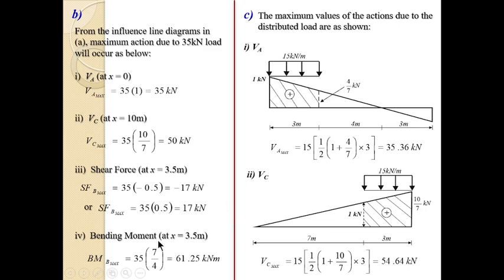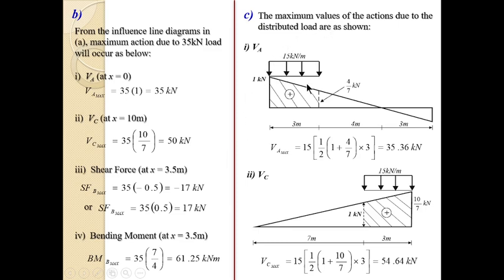So that is why we go there. Bending moment at x equals 3.5, the maximum bending moment will be 35 multiplied by 7 over 4, which is the coordinate at that point, and that gives us 61.25 kilonewton meter. So the C part is that we had to determine the maximum. We're asked to find the maximum values.